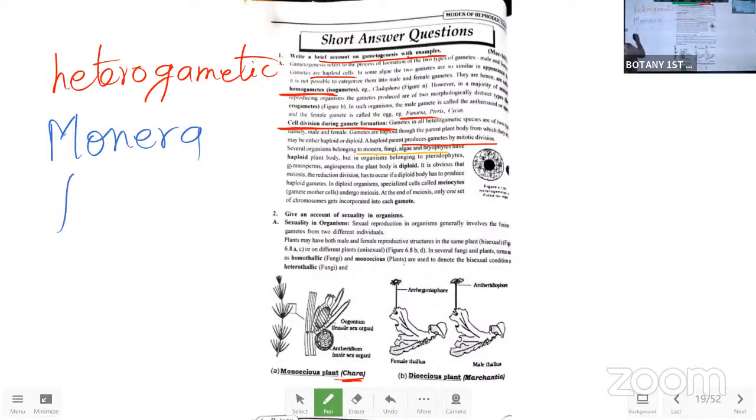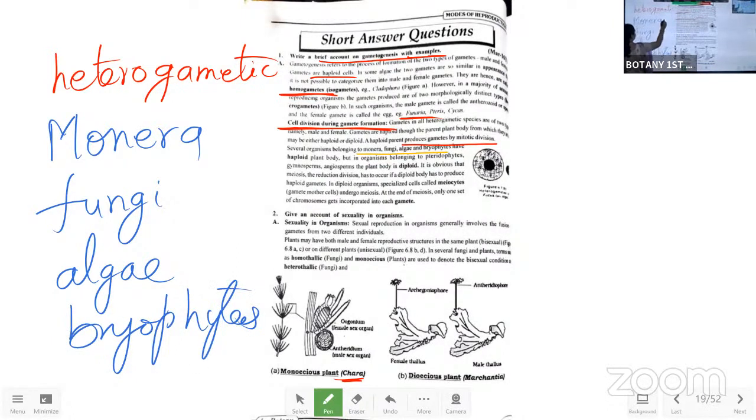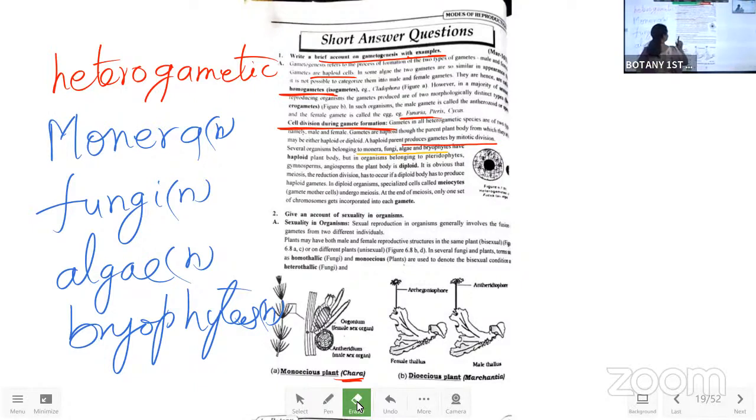Monera, fungal organisms, and algal members, and the bryophytes. In them, the initial plant body is a haploid. And these haploid plant bodies will produce haploid gametes, and the meiotic division occurs in the spore mother cell. Okay, so this is the one we have to save over there.